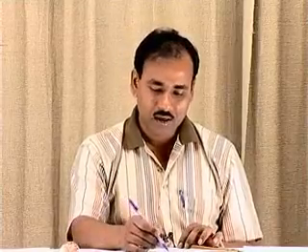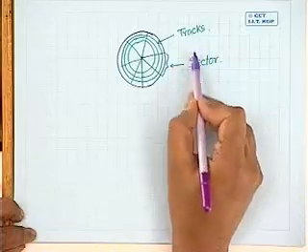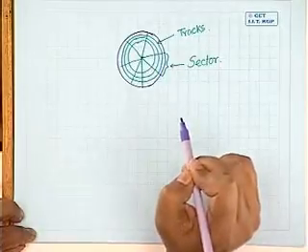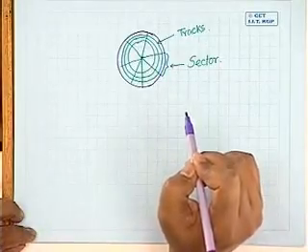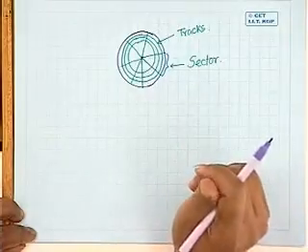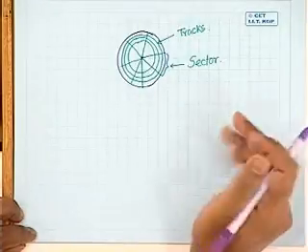To access a particular sector, I must identify which sector I am interested in. And not only that, I also have to identify which track I am interested in. So it is the track number and the sector number taken together that gives a unique identification of a particular record, or in this case, a particular block on the floppy disk, which can be accessed either for reading or for writing.